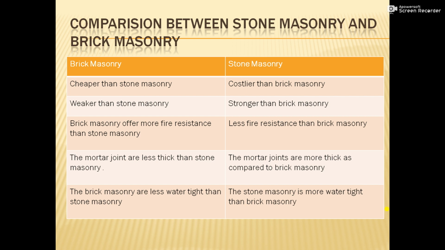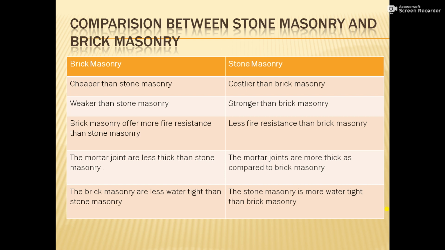As the stones are properly dressed, also when we are jointing two stones to each other, we have to use a lot of mortar in stone masonry compared to brick masonry.